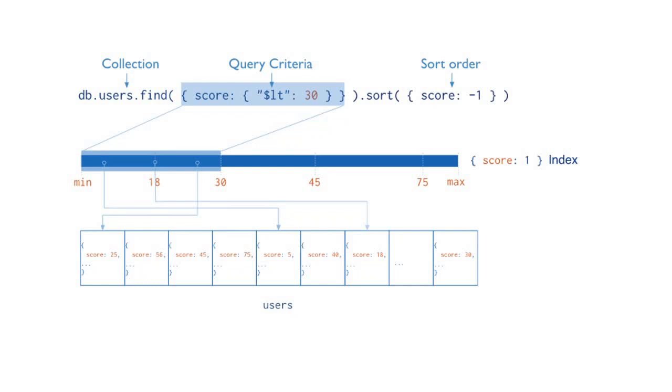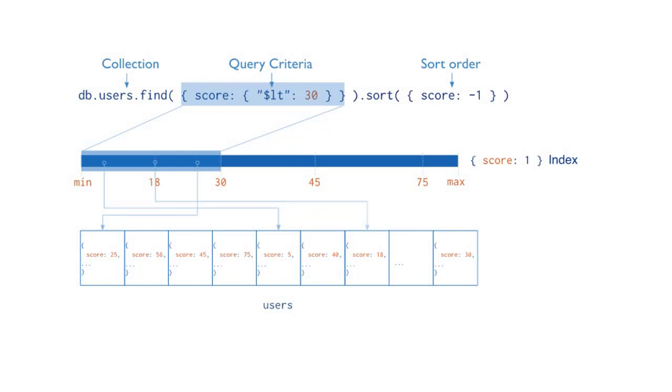We are talking about the find, where the query criteria is that the score is less than 30. But the indexing is with the sort, that is the sorting order, where 1 is for ascending and -1 is for descending. Now score: 1 is the index, that is, they are stored in ascending order. So here you can see the indexing.